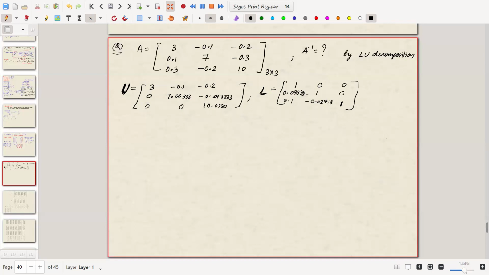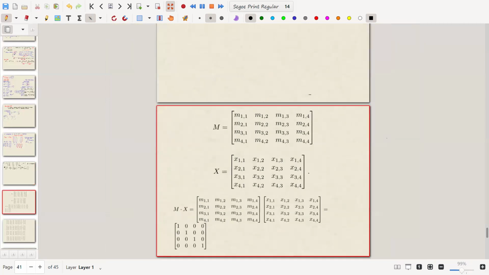So for this matrix A, I decompose A into an L matrix and a U matrix, a lower triangular matrix and an upper triangular matrix. Now I suggest how we should proceed in computing A inverse. How to find A inverse is our aim.